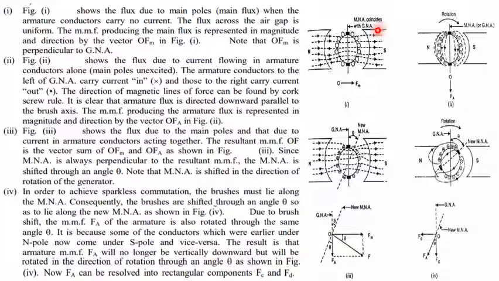So this vector represents the main flux direction, O F suffix M.